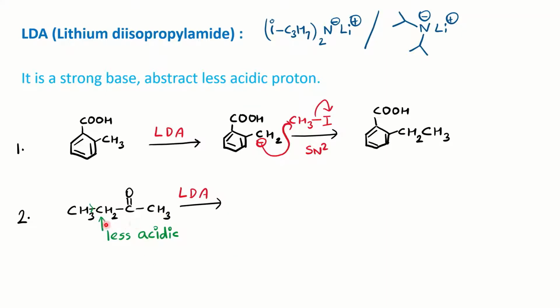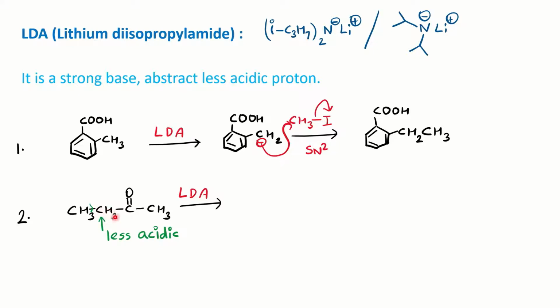So less acidic, if you notice that CH2 here, it is less acidic proton as compared to the terminal CH3, because you have near to the CH2 a CH3 which is having the plus I effect. So the carbanion which will form after LDA attack will be destabilized, right, with the plus I effect, because already it is having the electron and it is also giving its electron.